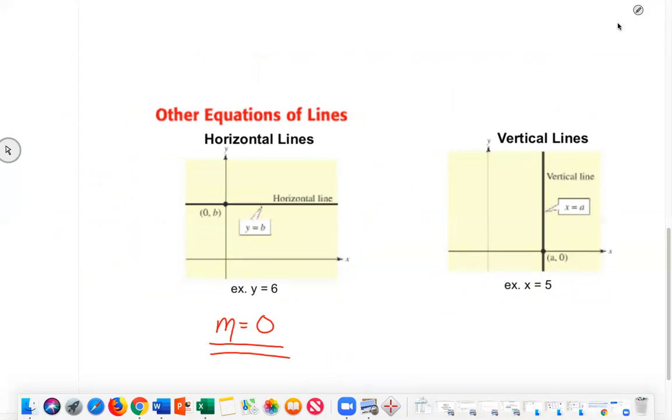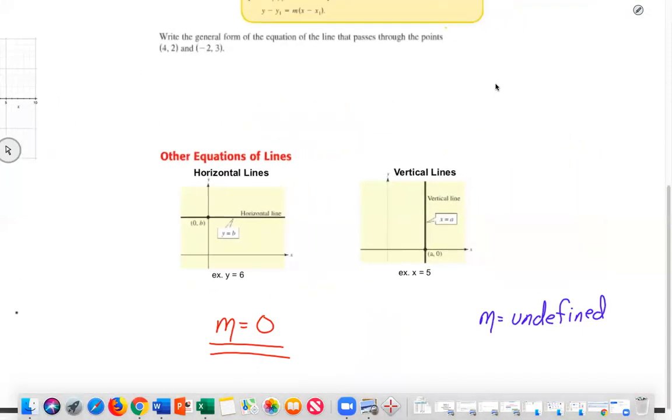Horizontal. X equals a number, well, that's vertical. That's an undefined slope. Straight up and down. Well, that's easy.